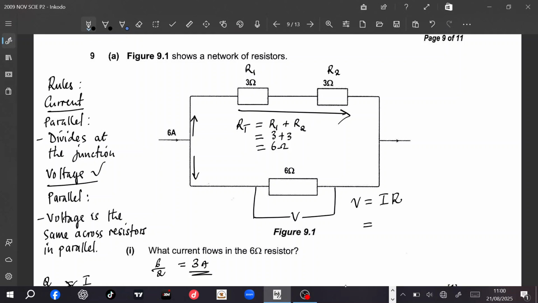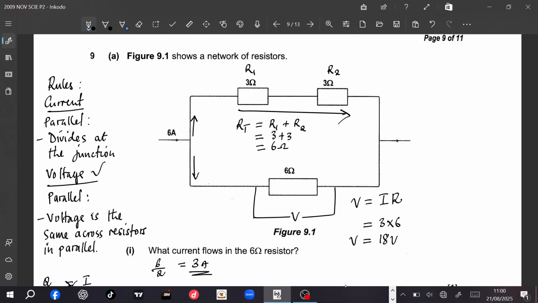So current, we said it is 3. Then resistor, 6. Then total, 3 times 6, it will be 18 volts.